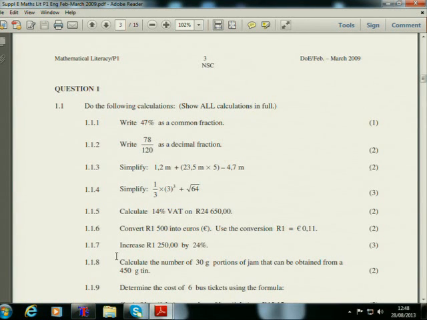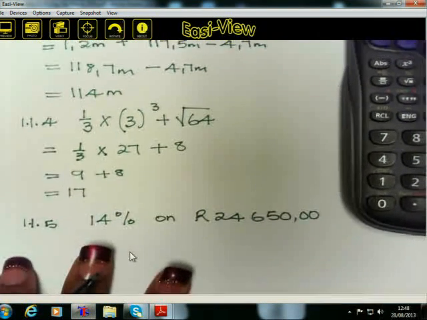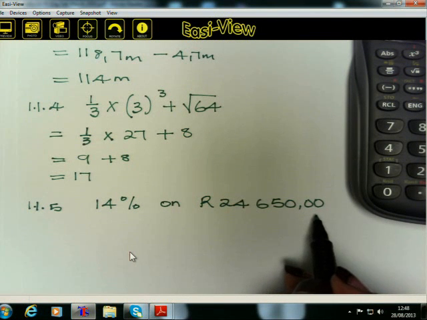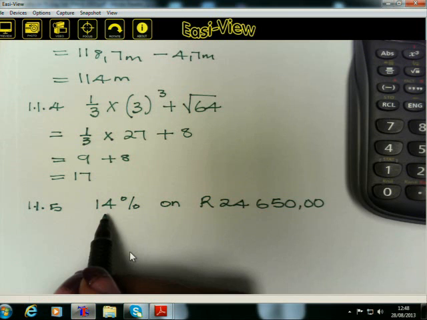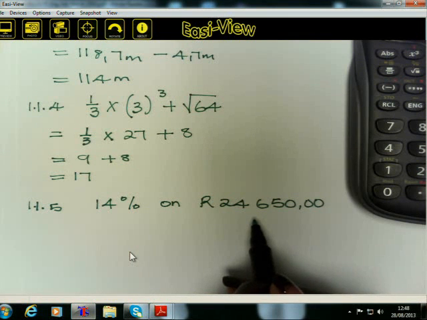In 1.1.5 we have to calculate 14% VAT on 24,650 rands. Now when we have to calculate a percentage, it means we are going to multiply what we have with the 24,650.